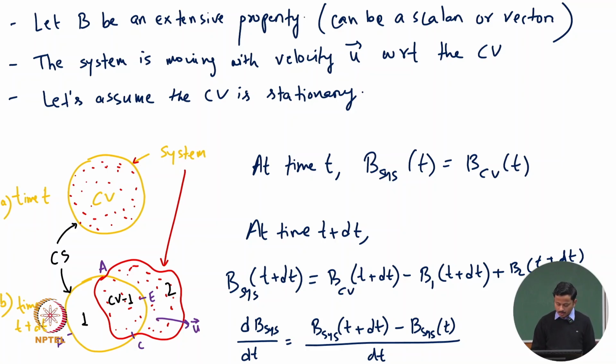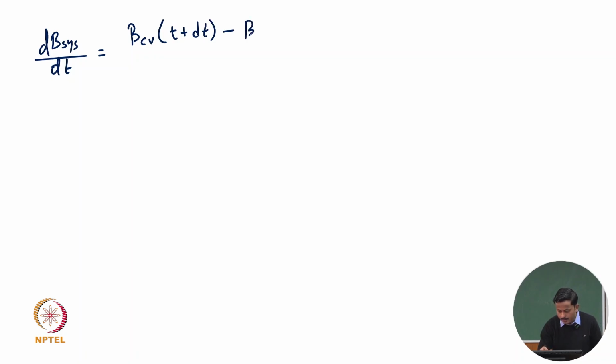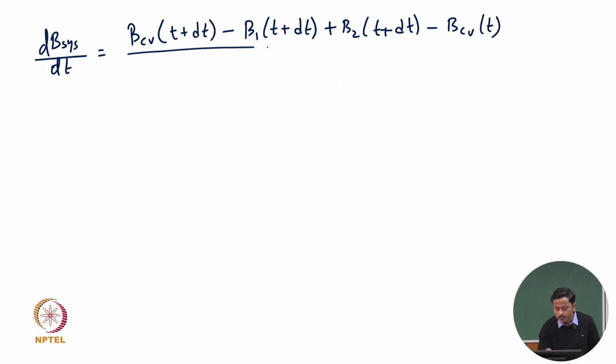And this one, if you expand it using equation 1 and equation 2, because you have now defined both B_system at t in terms of CV, you will have dB_system by dt is equal to B_CV at t plus dt, minus B1 at t plus dt, plus B2 at t plus dt, minus B_CV at t.